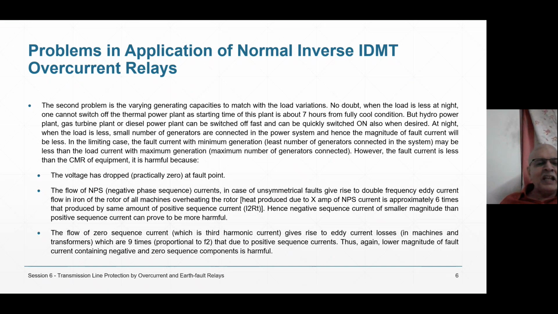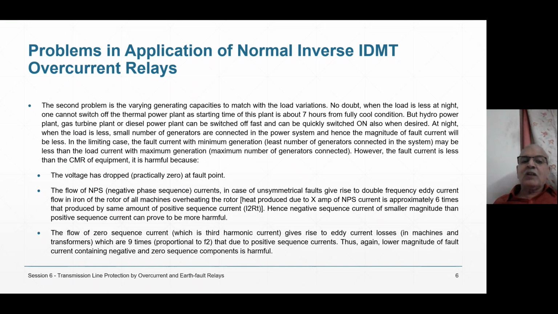Another way of telling it: if 12 amperes of positive sequence current flows, heat H is developed; the same heat H will develop for 2 amperes of negative sequence current, just 6 times less.